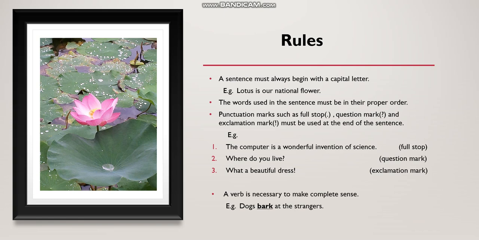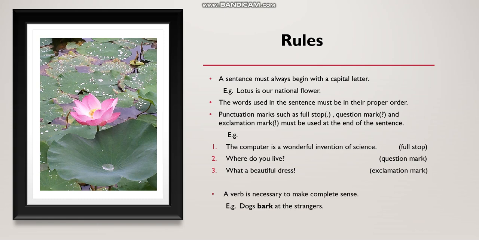For example, we should write, Lotus is our national flower, and if we write, flower national is lotus our, then it would not be correct because the order is not proper. So, we have to write the words in their proper order.